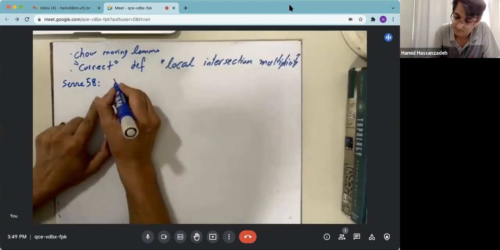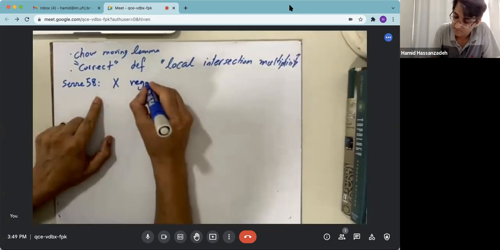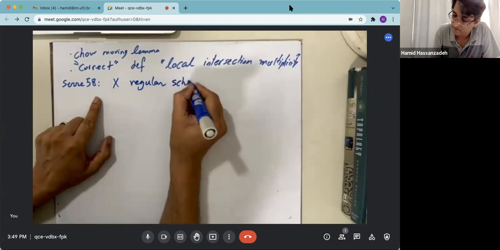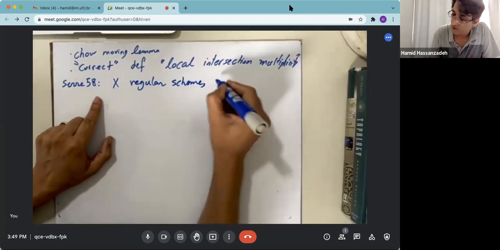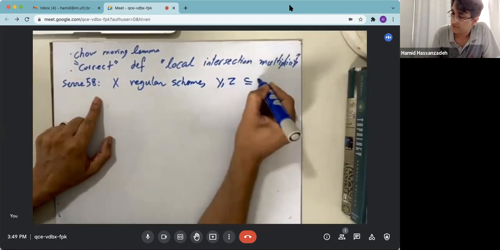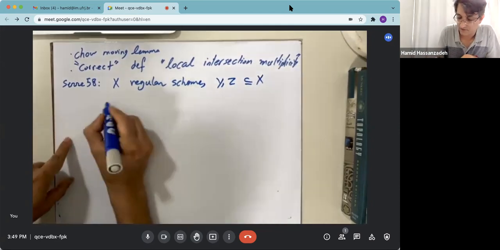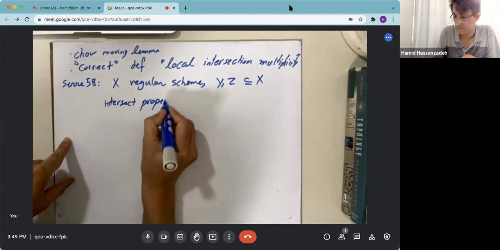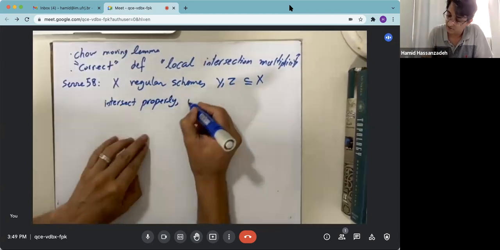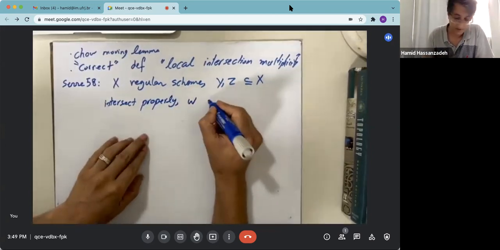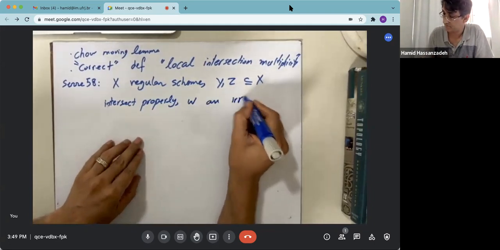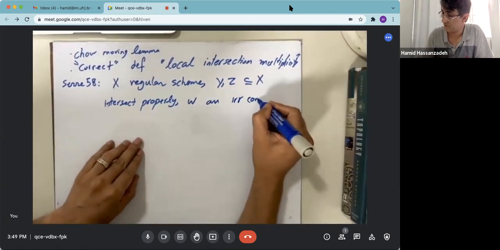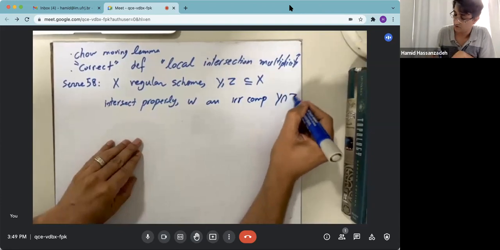Let X be a regular scheme, and Y and Z two closed subschemes of X that intersect properly. Let W be an irreducible component of the intersection.